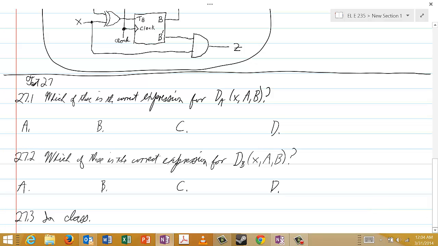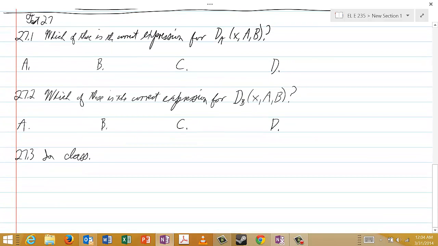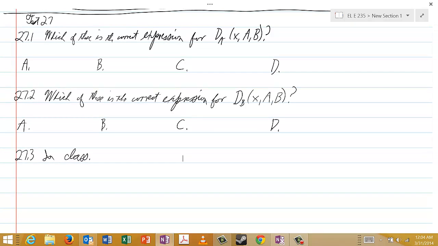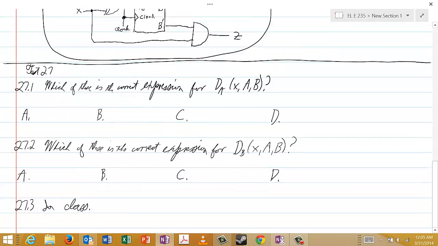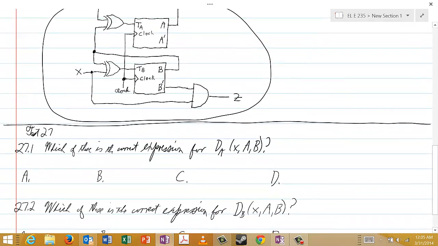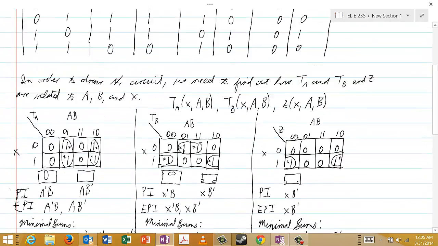Okay, so now we're ready to discuss the test for lecture 27. And once again, what we're discussing here is the excitation table that you derived at the end of lecture 26.